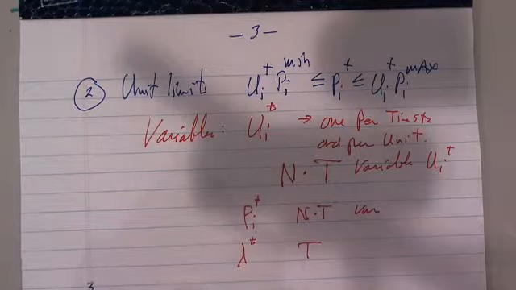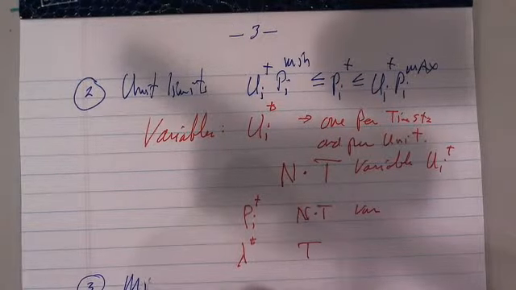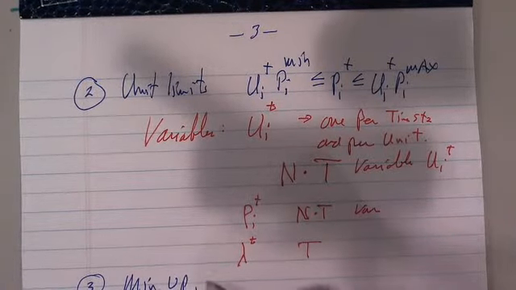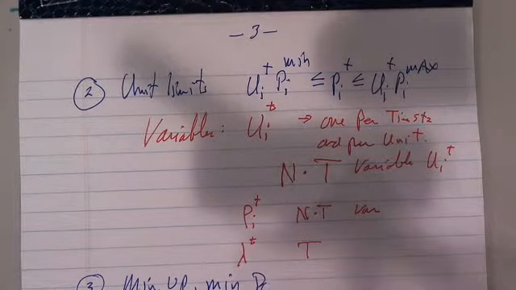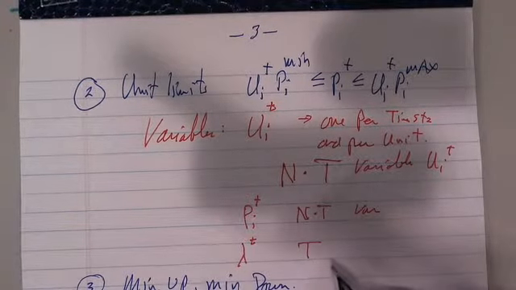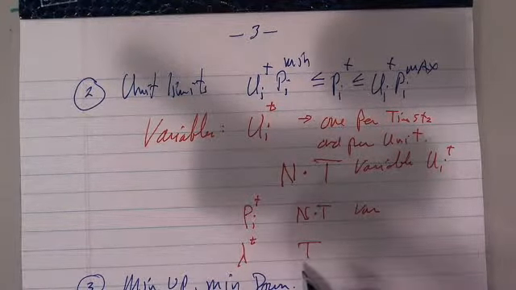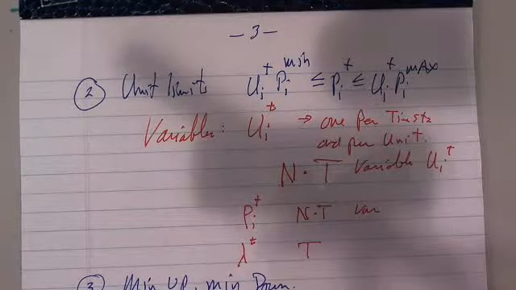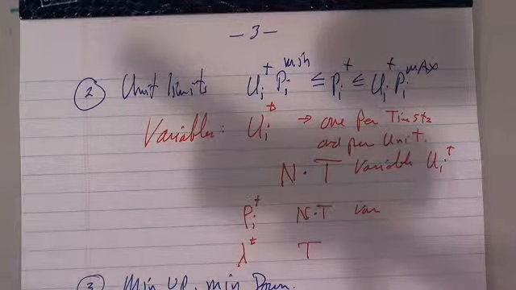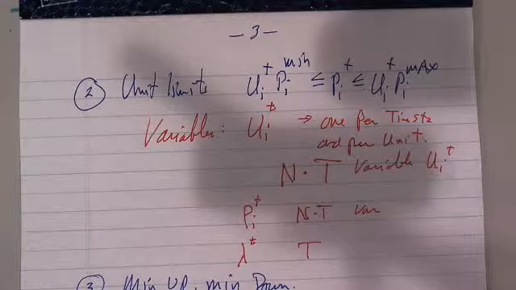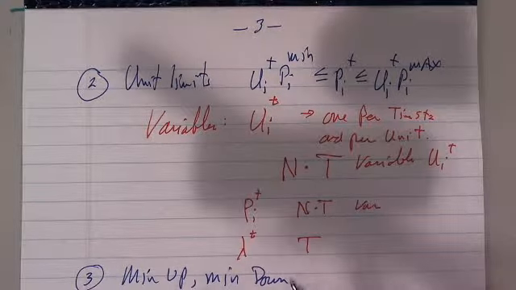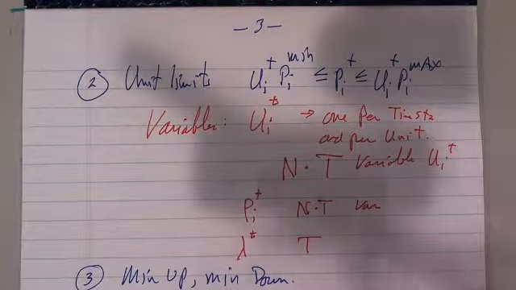We described the fact that there are min up, min down constraints, and air quality constraints. There are all kinds of other spinning reserve constraints, and so on. We're not going to get into that at this point, although we may deal with some of these later on.